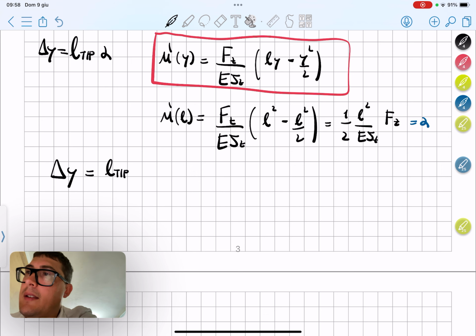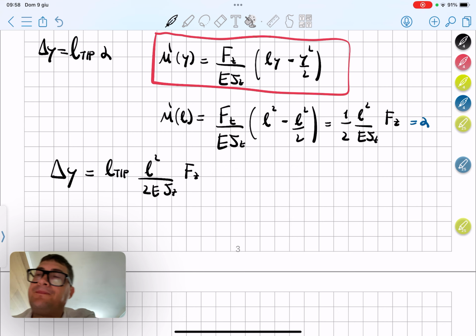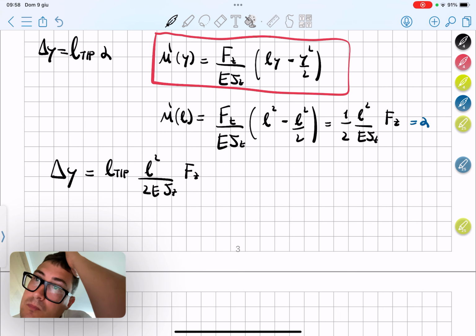So what we get is L squared divided by 2 EJz f of z. But what is f?